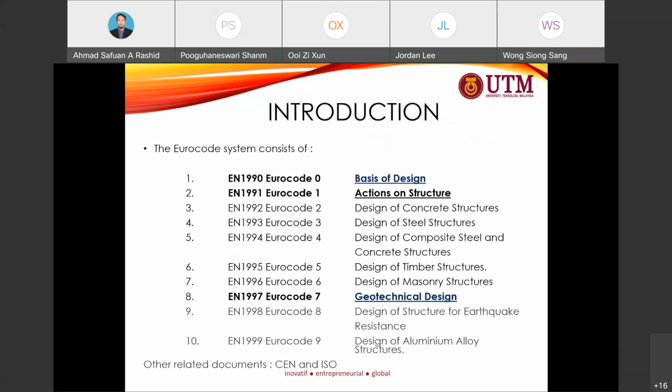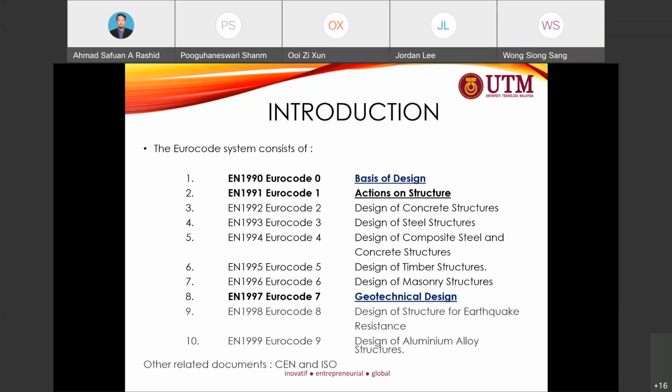If you are familiar with the Eurocodes, there are 10 parts. EC0 discusses the basis of design.